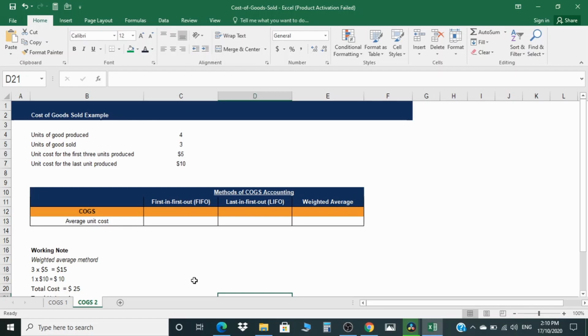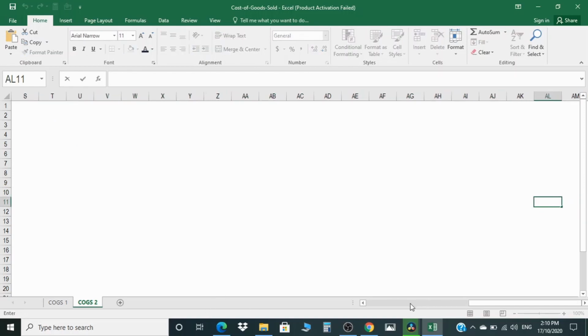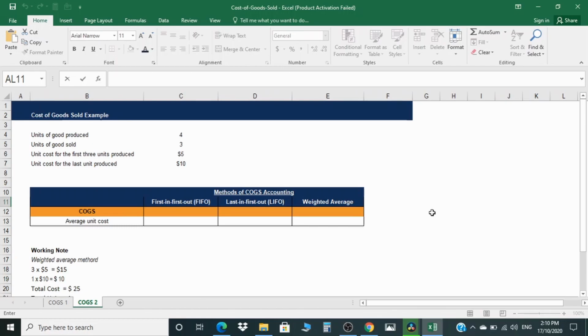So whatever you get new, you sell to the customer. Mostly they go for the new one, not the old one. And average is a combination of that. Sometimes they sell the first one, sometimes they sell the new one, but they take the average. I'll calculate the average for you.